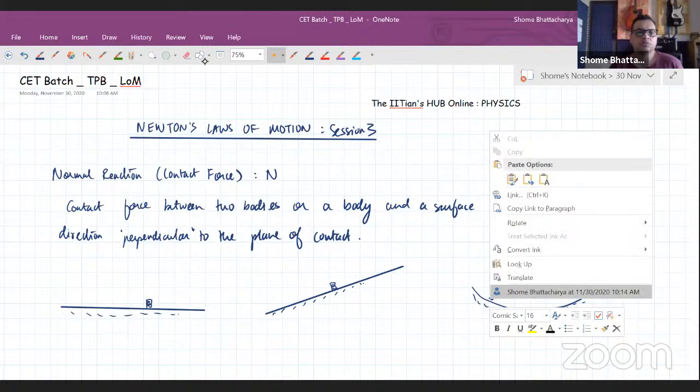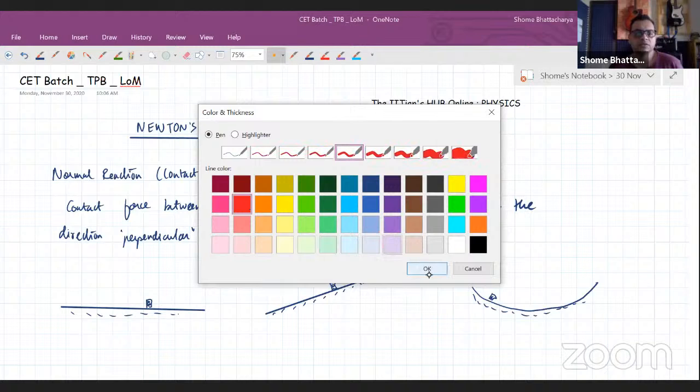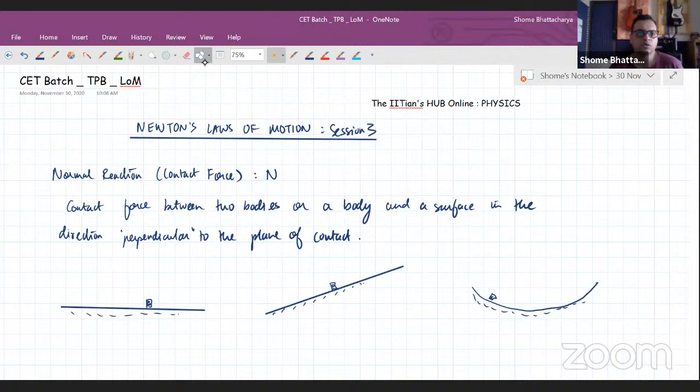In all cases, the normal reaction is a force that acts in a direction which is always perpendicular to or normal. The word normal in geometry means the same thing as perpendicular. So it is perpendicular or normal to the plane of contact.